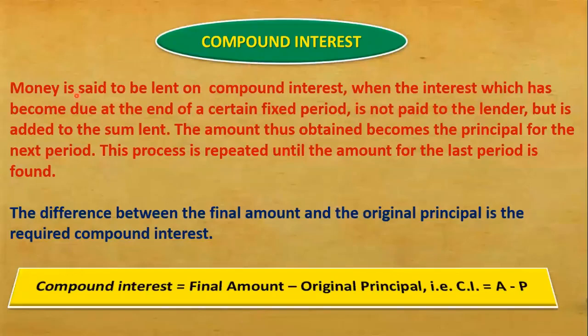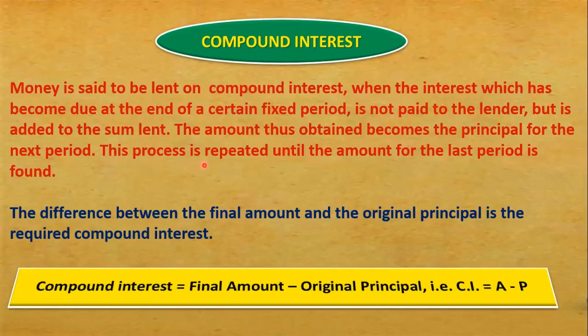Compound interest. Money is said to be lent on compound interest when the interest, which has become due at the end of a certain fixed period, is not paid to the lender but is added to the sum lent. The amount thus obtained becomes the principal for the next period.